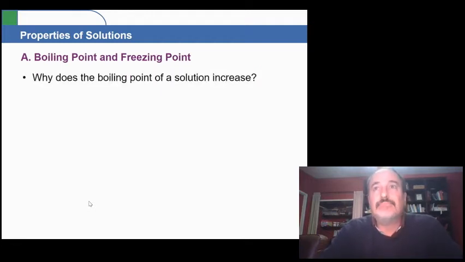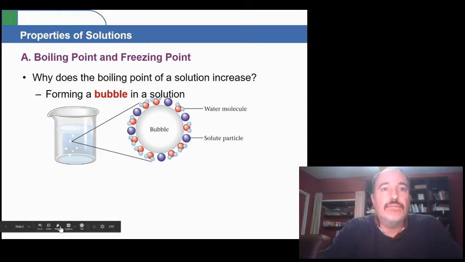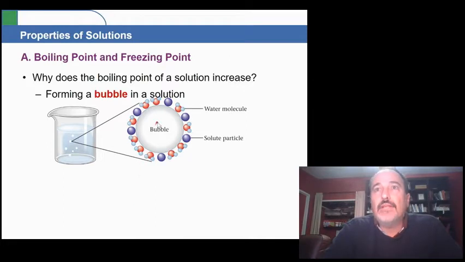Now, first of all, why does the boiling point of a solution increase? It is purely a physical process. Normally, when a bubble is formed in a solution, the water molecules are going to be going inside the bubble.